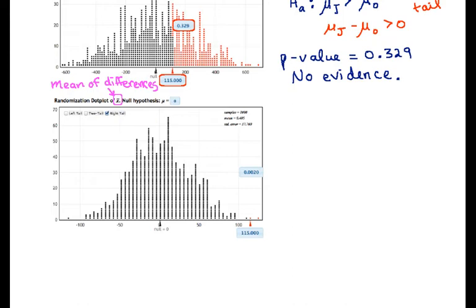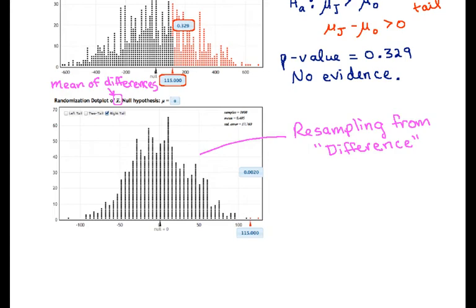You'll still get the same number for that one sample statistic, but it makes a big difference in the variation of the sampling distribution, because this sampling distribution is resampling from the sample of differences, from the variable difference, instead of resampling from both of those lists individually.